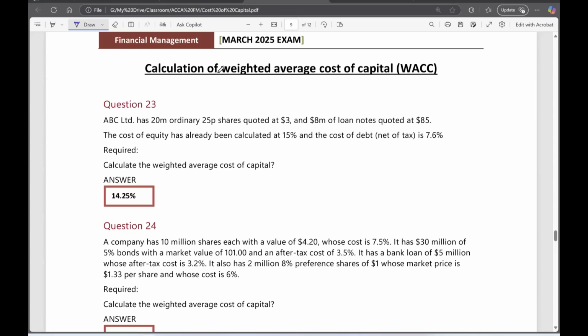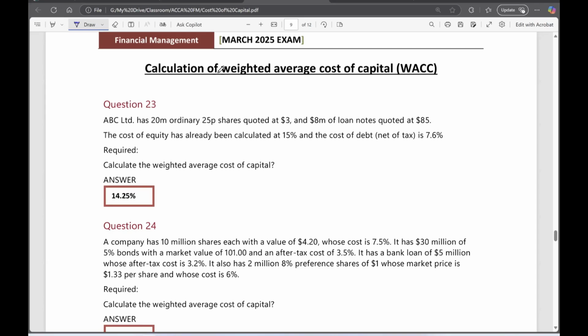So once we're done with the cost of equity calculation using the dividend valuation model and the capital asset pricing model, and once we're done with the cost of debt according to which kind of security it is, redeemable, convertible, the next thing is we have to find the cost of capital, or weighted average cost of capital.